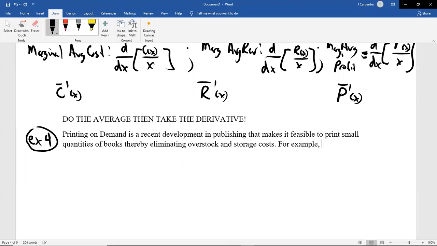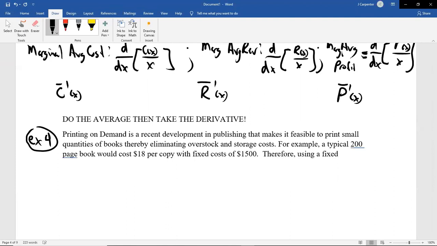For example, a typical 200-page book costs $18 per copy with fixed costs of $1,500. Therefore, using a fixed plus variable model, C of x is equal to 18x plus 1,500.